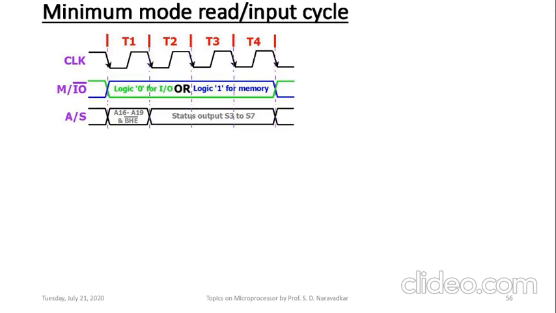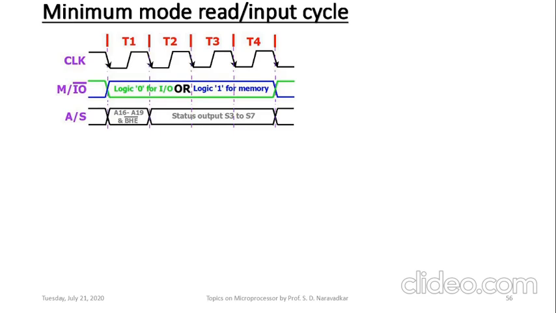As you can observe, the address part is also output and status is also output. So on that address status bus in the timing diagram, there is no gap between address output and status output because both are flowing in the same direction. Both are output from the microprocessor.